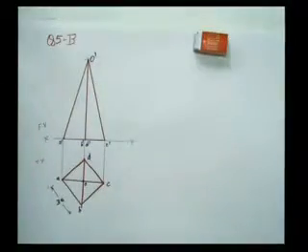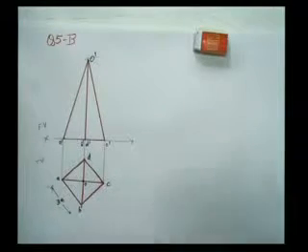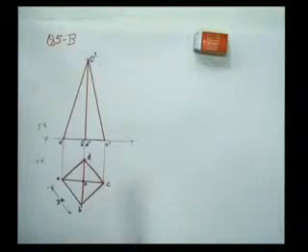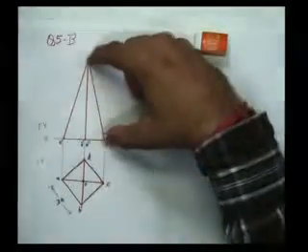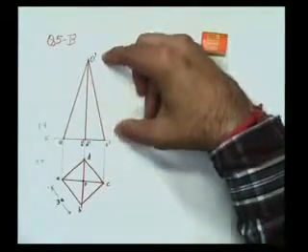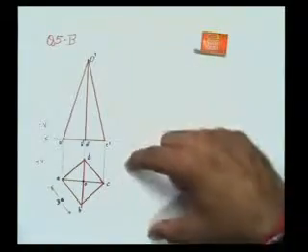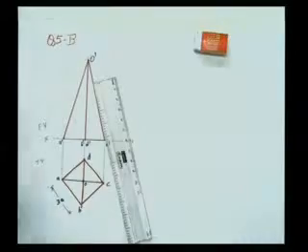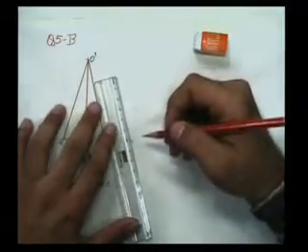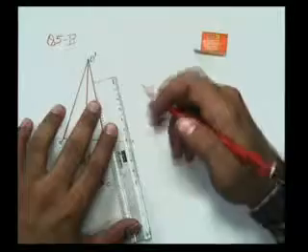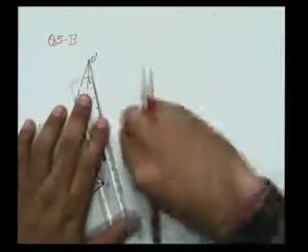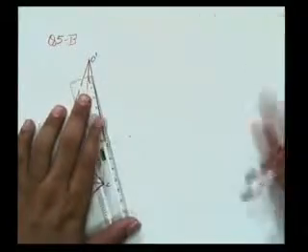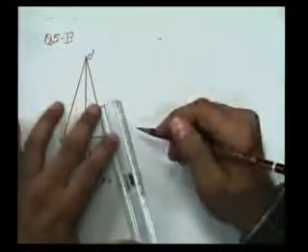So this is the pyramid for which I need to draw the development, I need to develop the surface of the pyramid. So for that, what I need to do is a line which is parallel to O dash C dash exactly has to be drawn here, and the length also has to be the same. So I'll just draw a line which is exactly parallel to this line this way.